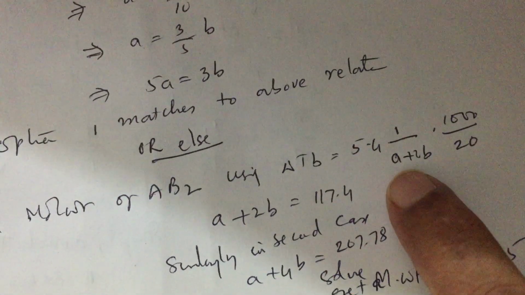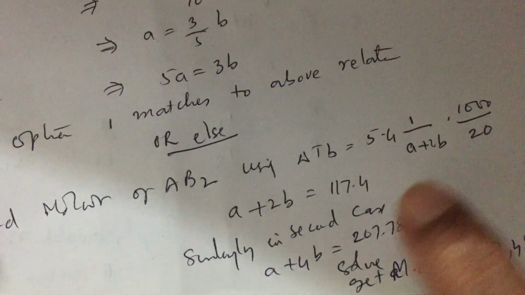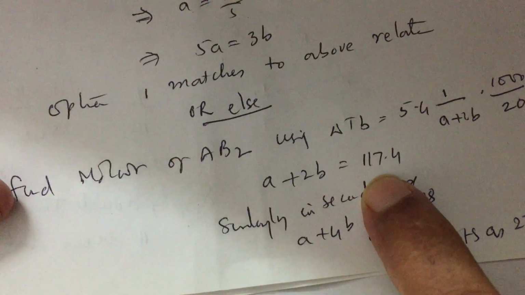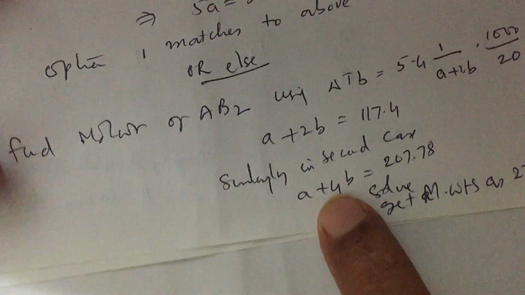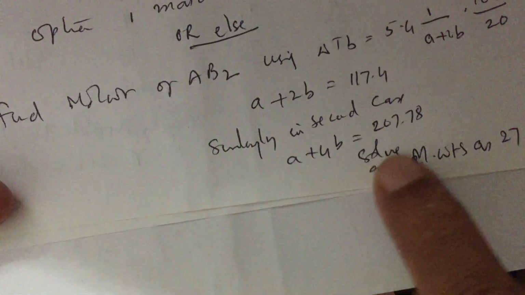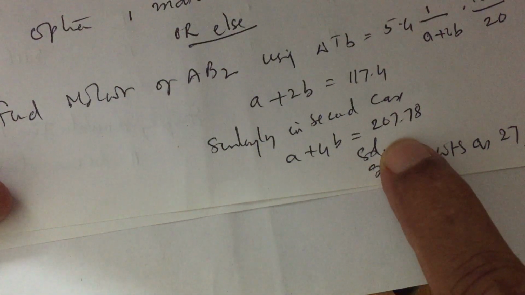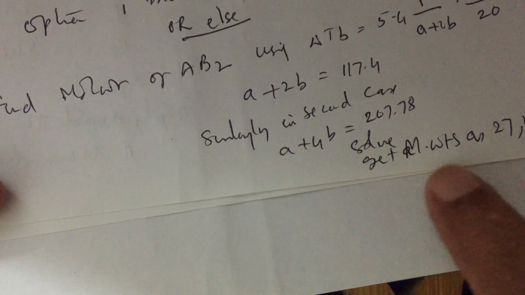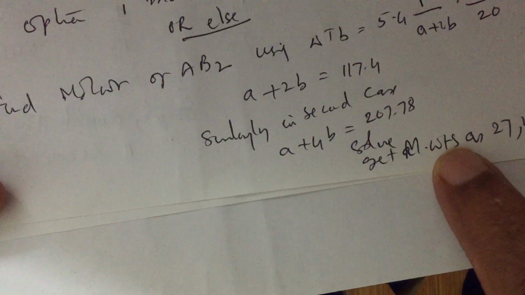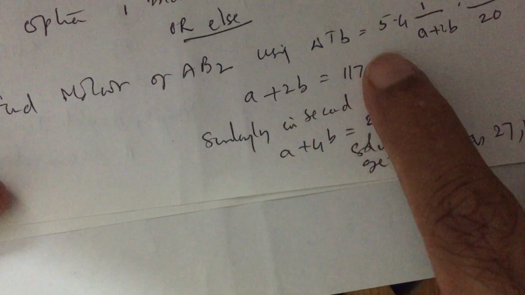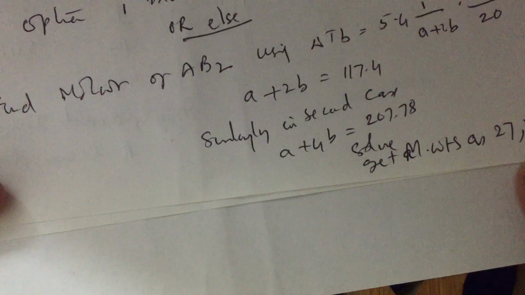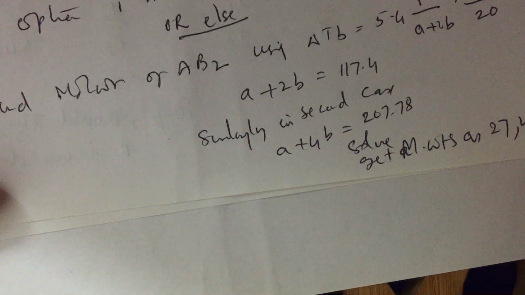By solving this, you will get A plus 2B, which is 117.4. In the second case also you can find that A plus 4B is equal to 207.78. Then the atomic weights of A and B can be concluded from these two relations. A value is 27, B value is 45.